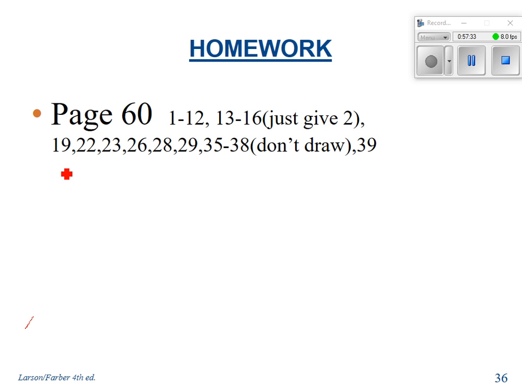The directions on 13 through 16 say, give 3 conclusions that can be drawn from the graph. So instead of giving 3, I just said give 2.